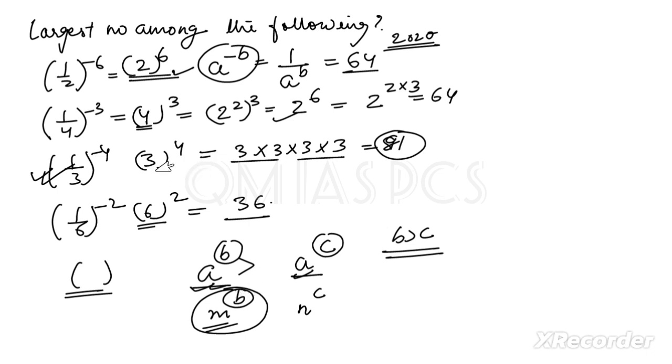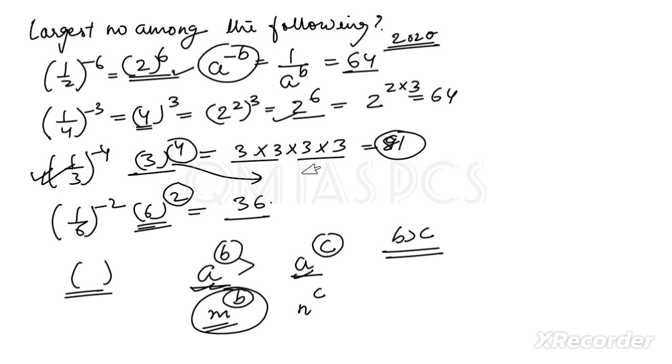Here you can see 3 power 4. If you are not getting how to compare this one, 3 power 4 is 81 and 6 square is 36. One more method is there: you can make the power the same. This is 2 power 6 and this is 2 power 6, so this can't be the answer.